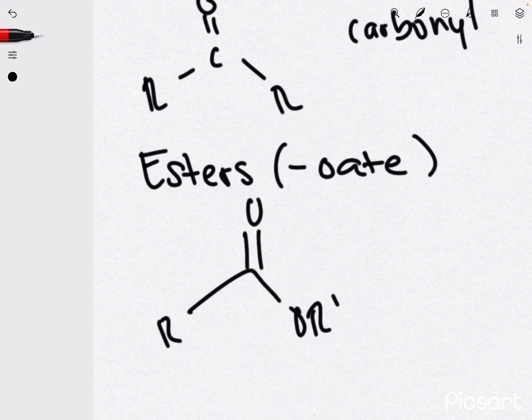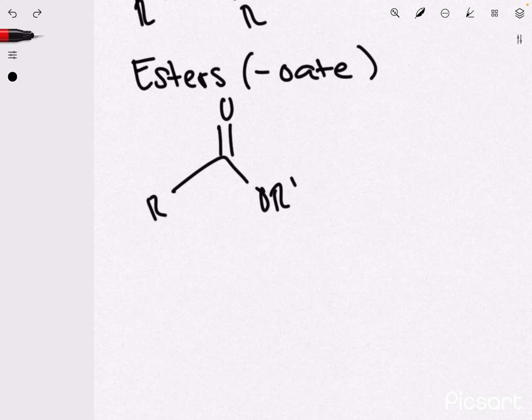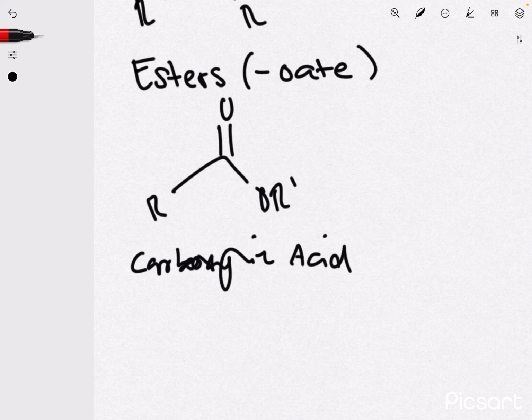We do have a carbon here in the middle. I'm just not going to draw out every carbon, or else this video is never going to end. Now, typically, you will see esters when you have a carboxylic acid. Let's draw out what that looks like real quickly.